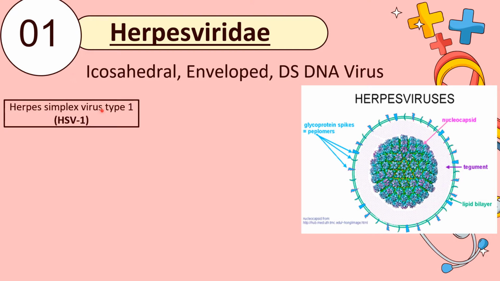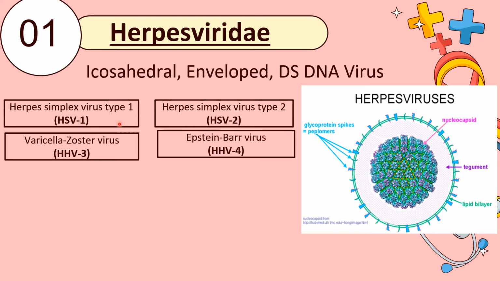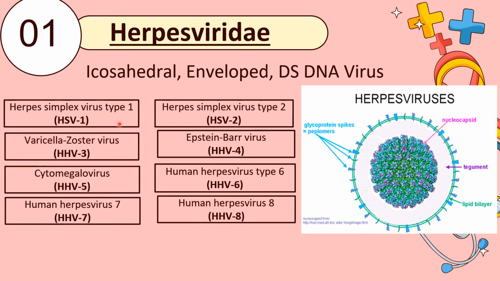They are herpes simplex virus type 1 or the HSV1, herpes simplex virus type 2 or the HSV2, varicella zoster virus or the HHV3, Epstein-Barr virus or the HHV4, cytomegalovirus or the HHV5, human herpesvirus type 6 or the HHV6, human herpesvirus 7 or the HHV7, and finally, human herpesvirus 8 or the HHV8.